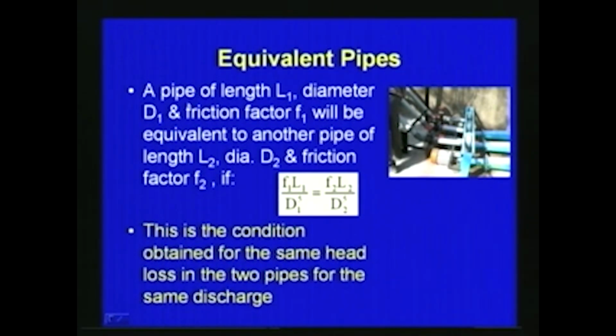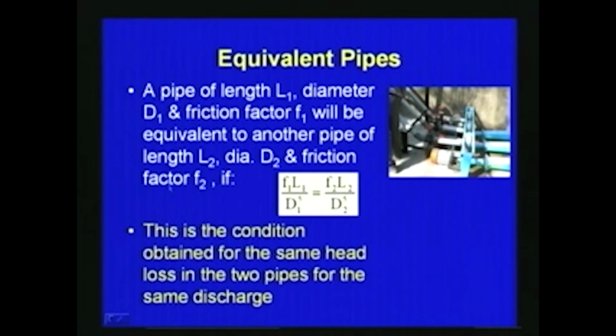This we can obtain as follows: a pipe of length L1, diameter D1 and friction factor f1 will be equivalent to another pipe of length L2, diameter D2 and friction factor f2 if f1 L1 by D1 to the power 5 is equal to f2 L2 by D2 to the power 5. This condition is obtained for the same head loss in the two pipes for the same discharge.